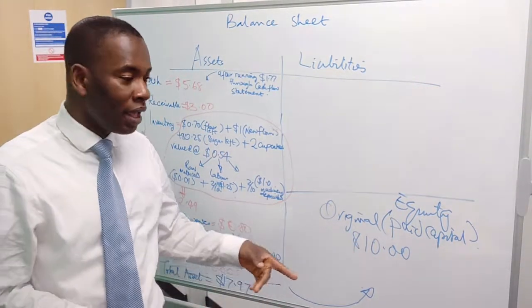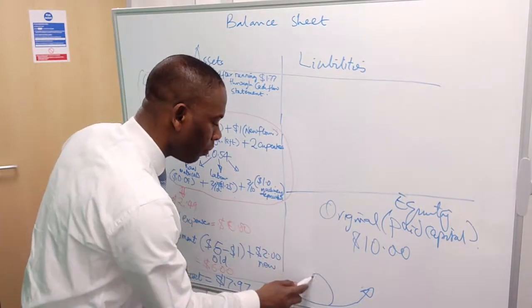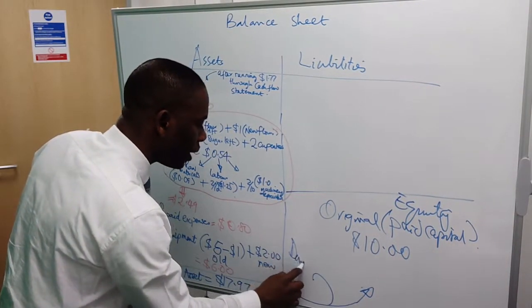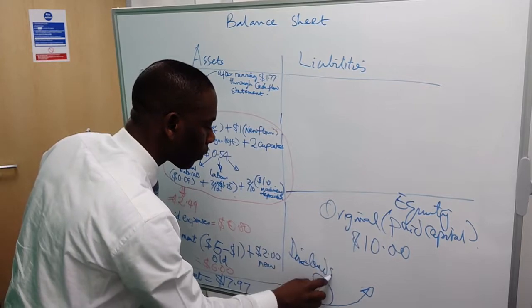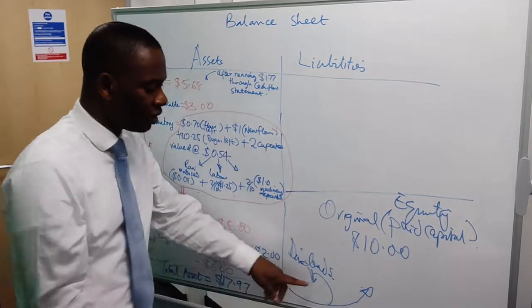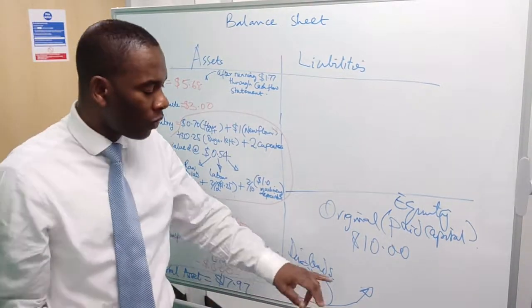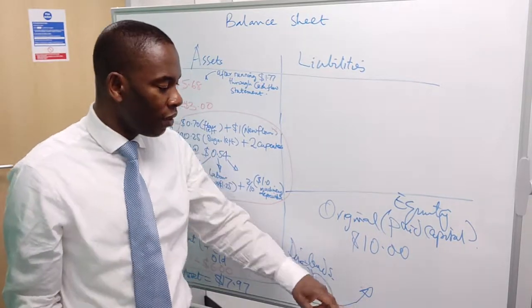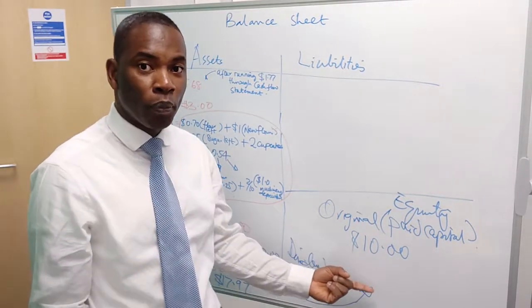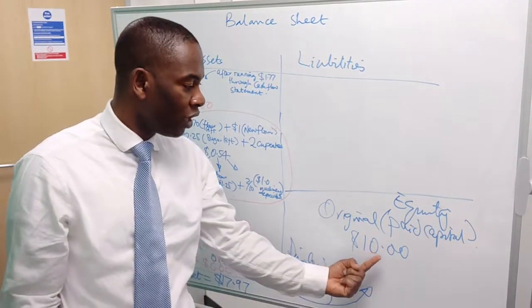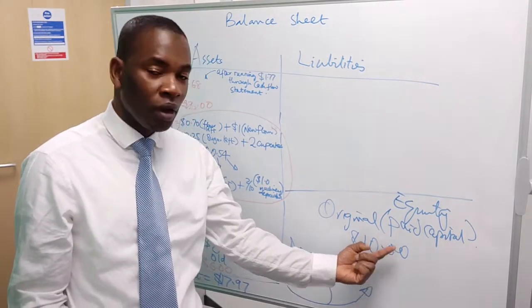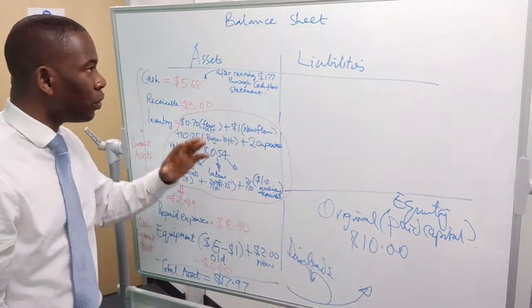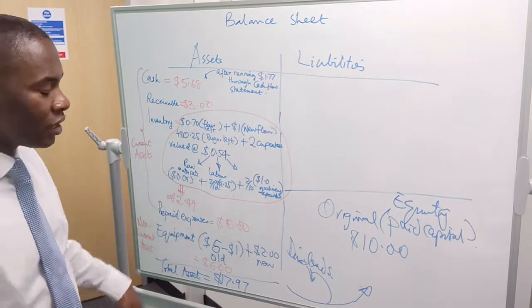But if we pay dividends, let's assume we pay dividends, we subtract the dividends from the net income, and whatever is left we plug into the equity side of things. But in this case, we did not pay any dividend.